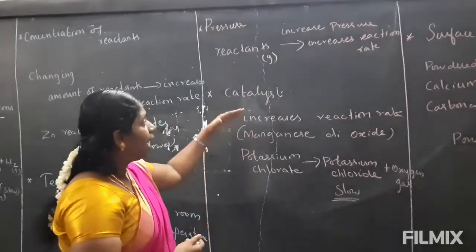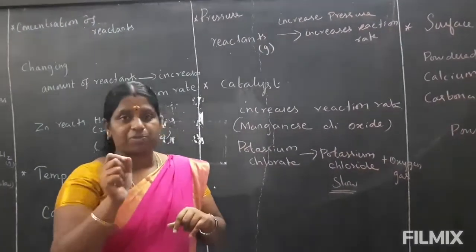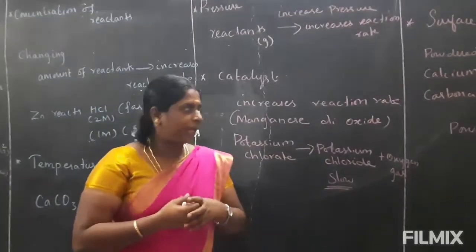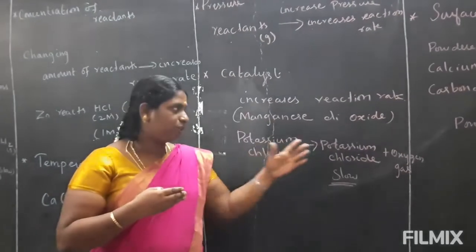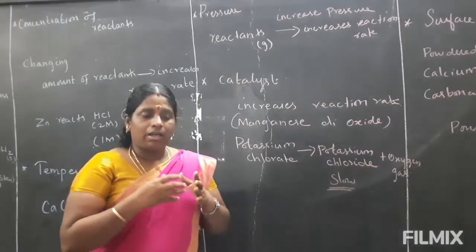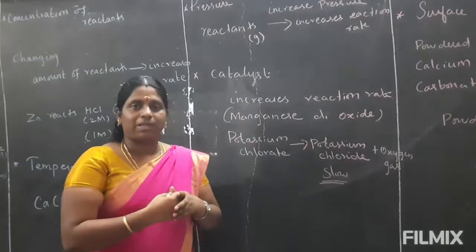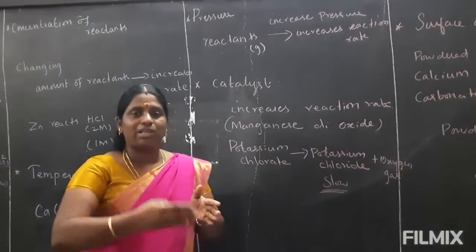And catalyst. What is the meaning of catalyst? A catalyst is a substance. Why do we need a catalyst to speed up the reaction? For example, potassium chlorate normally decomposes into potassium chloride and oxygen. Normally it will happen, but if you add a catalyst to that substance, the reaction rate will be increased.